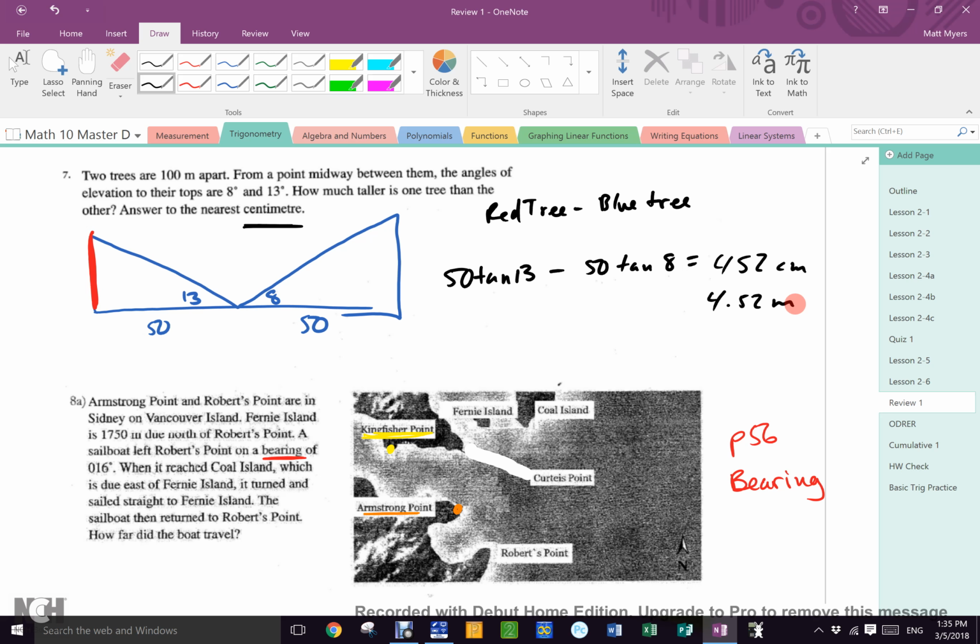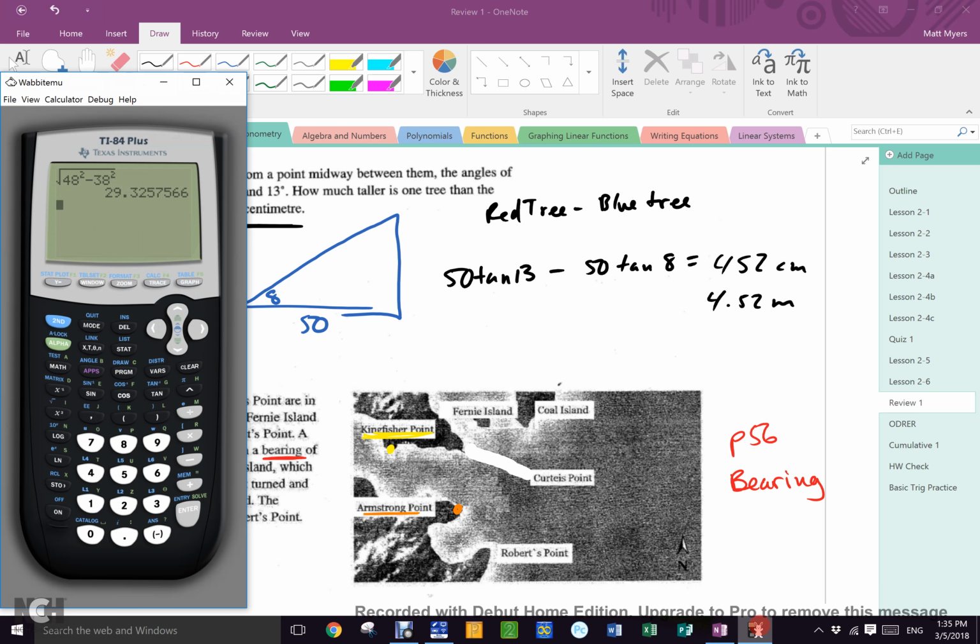Since we have a little bit of disagreement, I'll take a quick look. Well, I don't need to. I can put it on the big screen. It'll be out of 2. So we had 50 tan 13 minus 50 tan 8. 4.516.